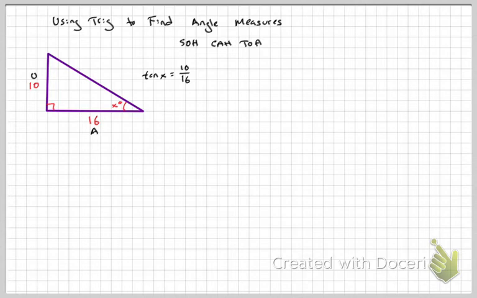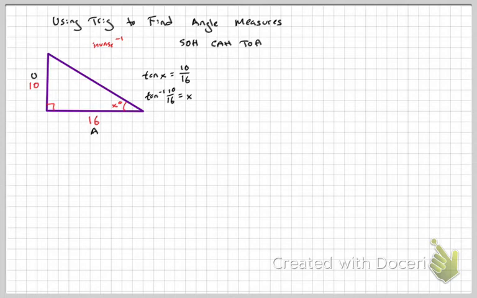Your calculator has that angle stored in it, but we need to evaluate it by using the inverse function. And so the trig inverse is denoted by a negative 1 power, or to the negative 1 power. So what happens now is we're going to take the inverse function of 10 divided by 16, and that's going to equal our angle measure for x.